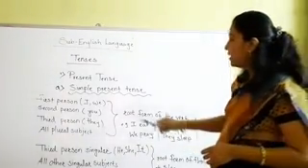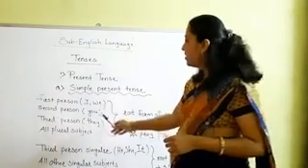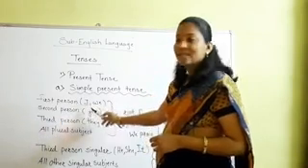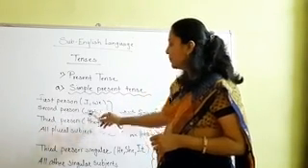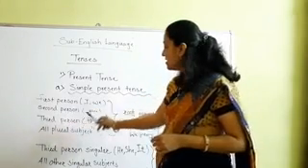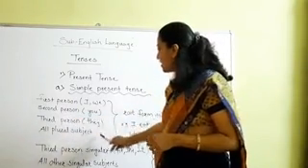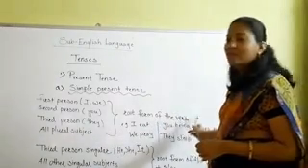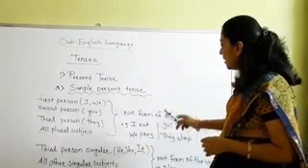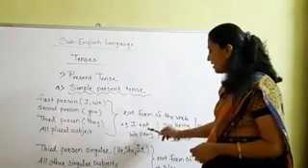Okay, so in all these situations, we are using the root form of the verb. And an example of the root form of the verb is, for example, I eat.